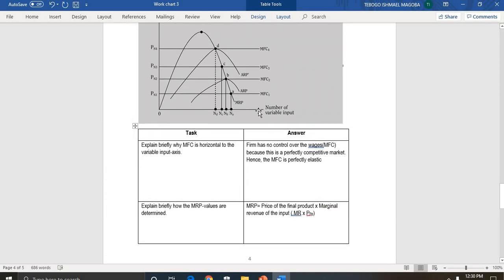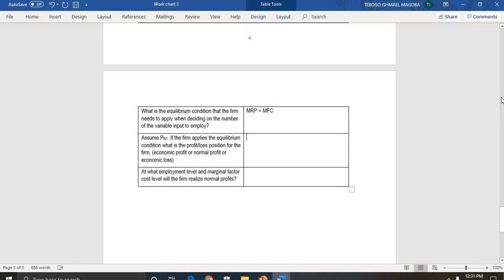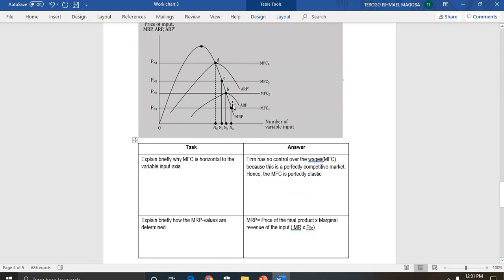So where here at point A, the marginal fixed cost is equal to the marginal revenue product, that point there is an optimal point. Okay, or as they say here, the equilibrium condition. Every point A, also B, so is C, so is D. Okay, that's not an optimal point because there's no marginal fixed cost there.